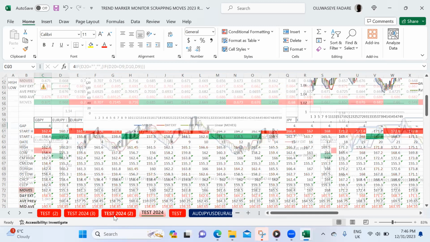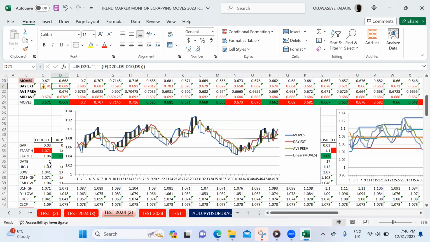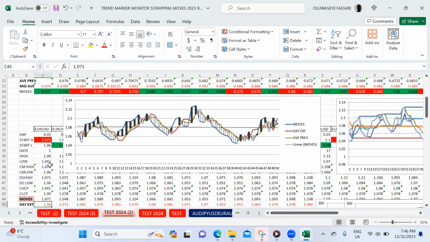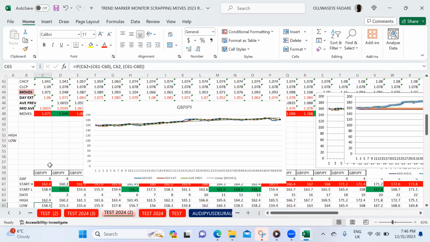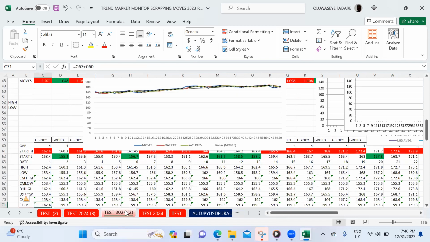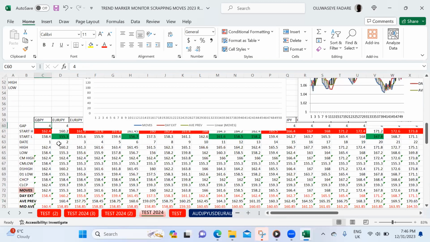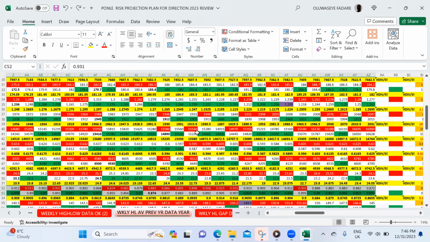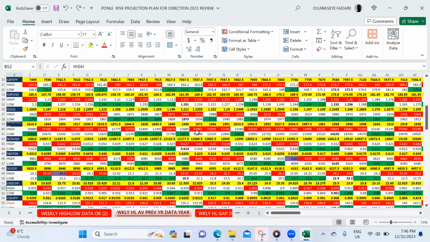Okay, sorry, I wanted to change that. Let me make it EUR. I'm going to get the data for EUR based on this information, and then we'll be able to go through it together. So let's go together.